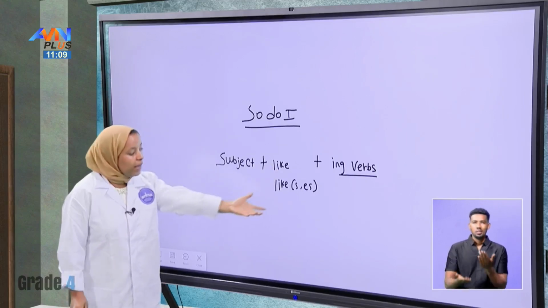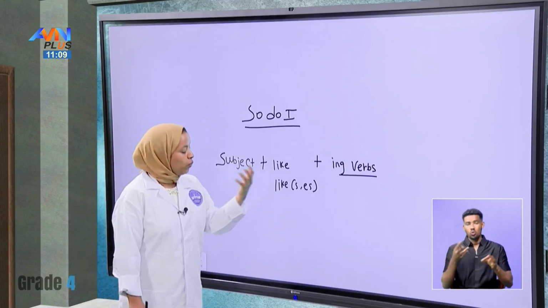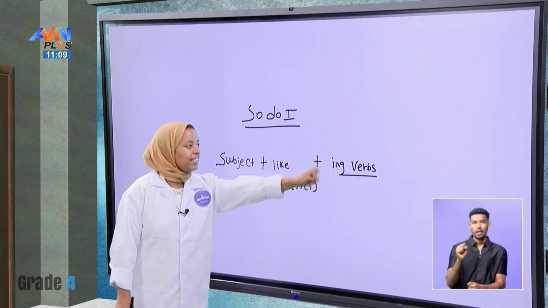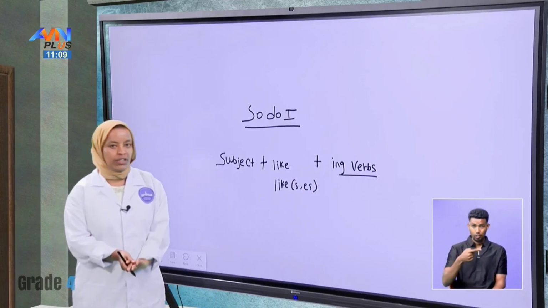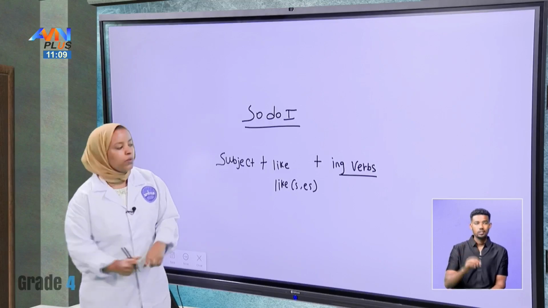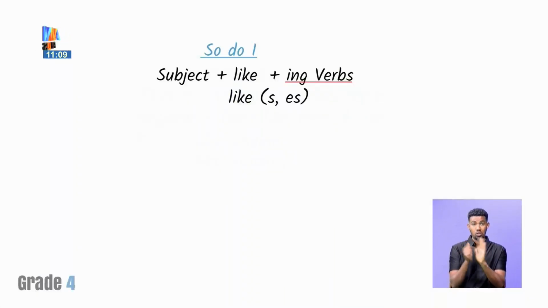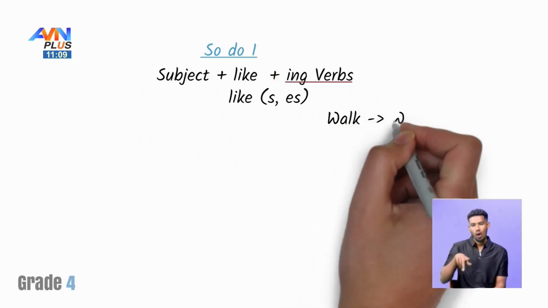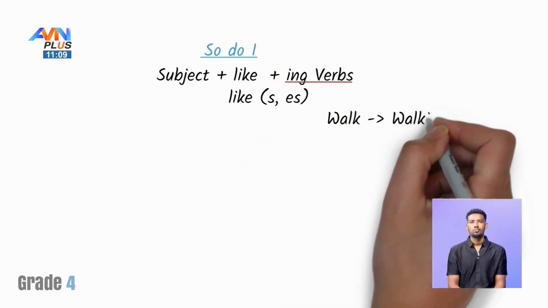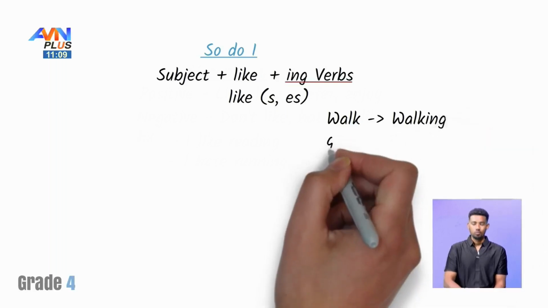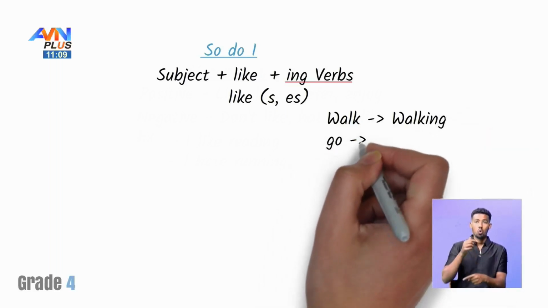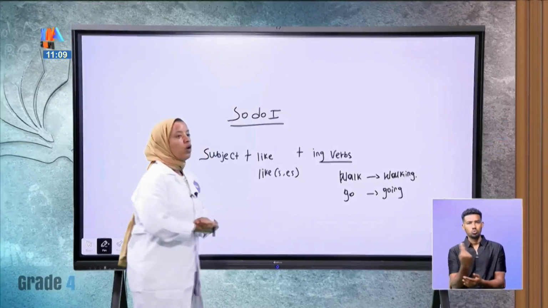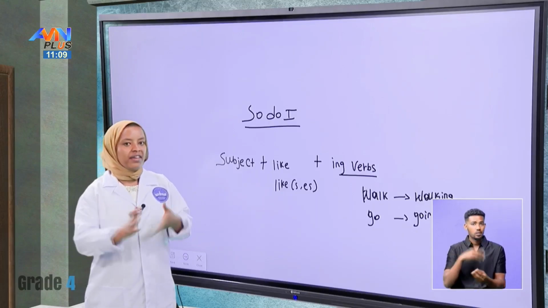When we are using a singular subject, we can use S or ES, and ING form of words. ING verbs. Let us say walk. Let us change: walking. Go, going. We can use more verbs by adding ING.